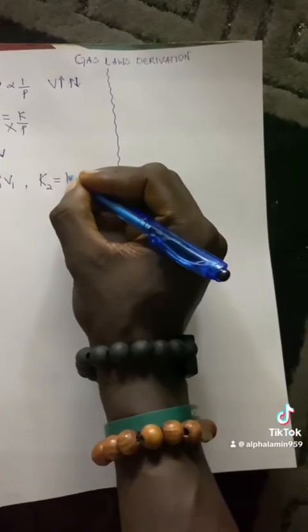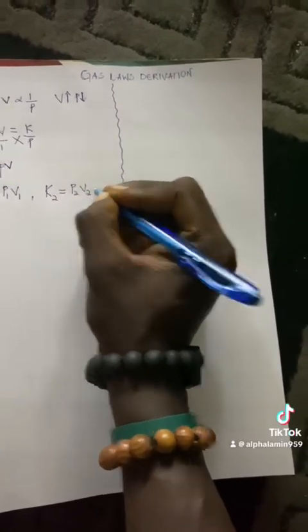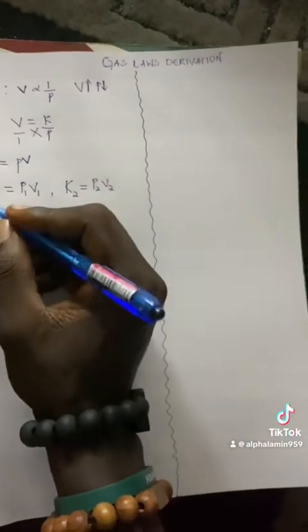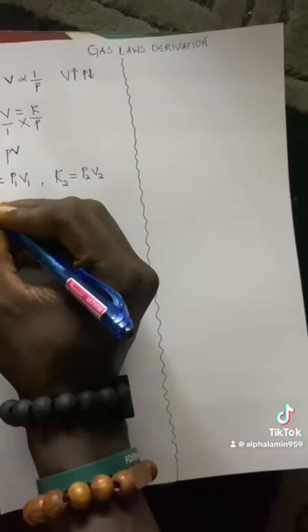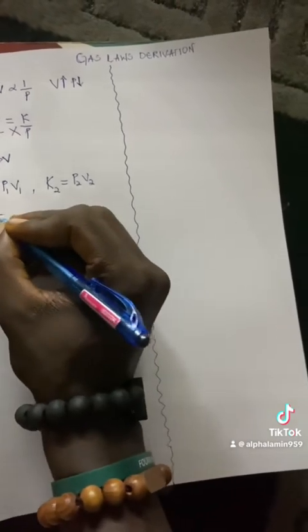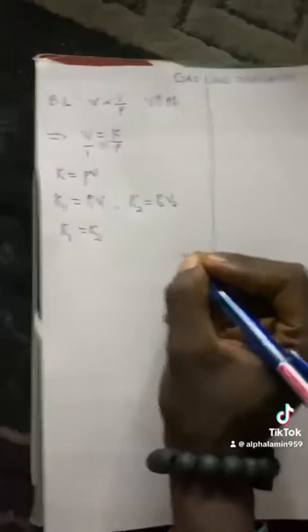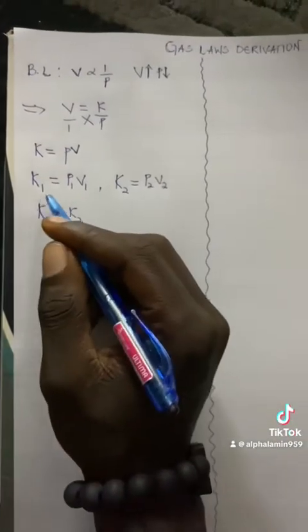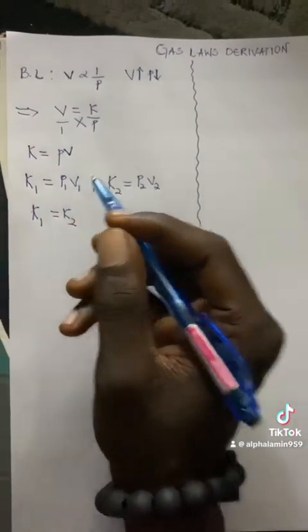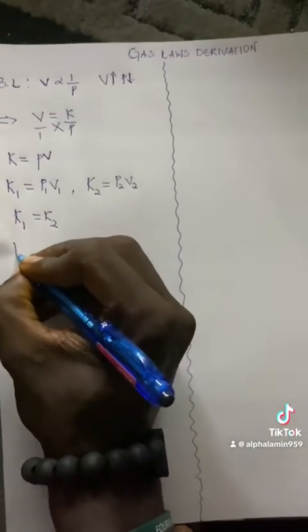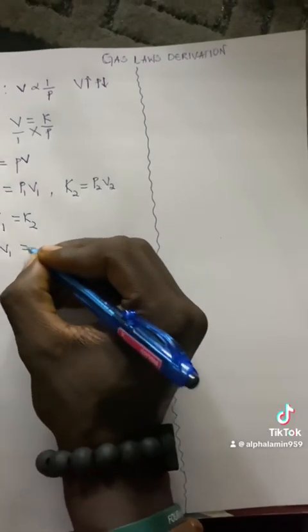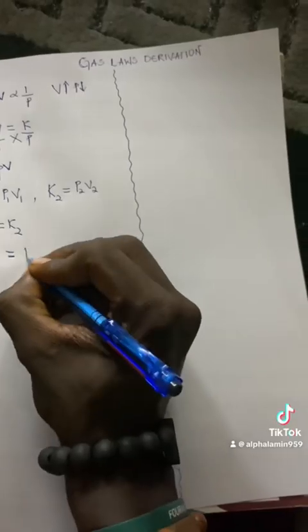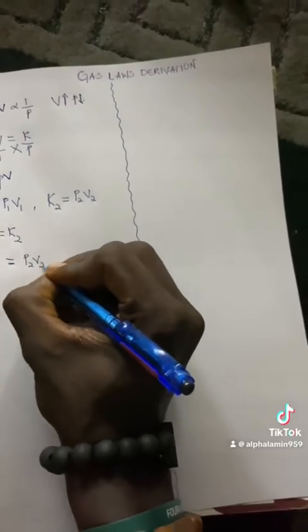K2, and this will be P2 V2. So the initial conditions or the initial states is always equals to the final state. So K1 will be equals to what? K2. So if K1 is equals to K2, you know what K1 is? K1 is equals to P1 V1. K2 is equals to what? P2 V2. So K1 is what? P1 V1 equals to, what is our K2? K2 is P2 V2.